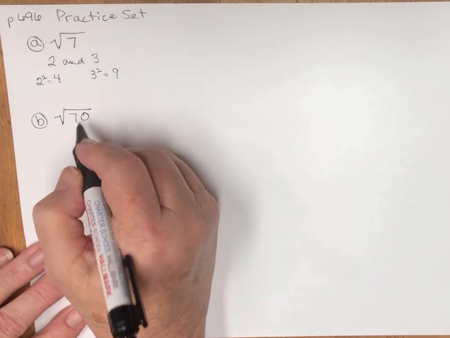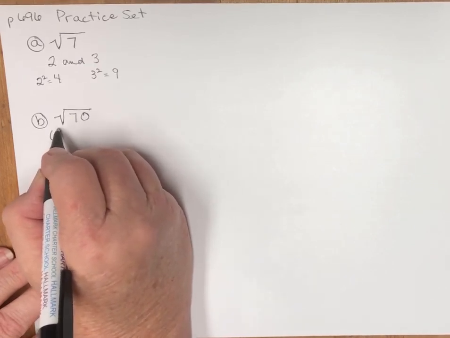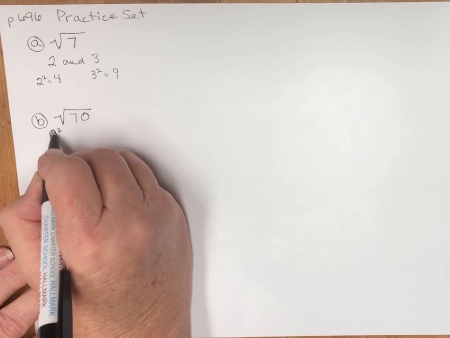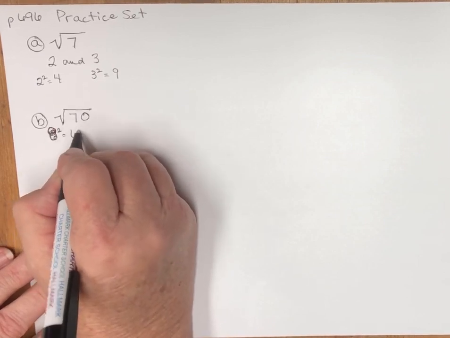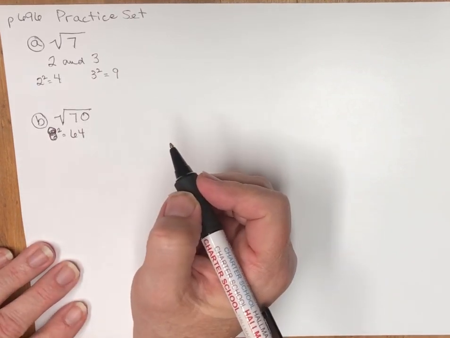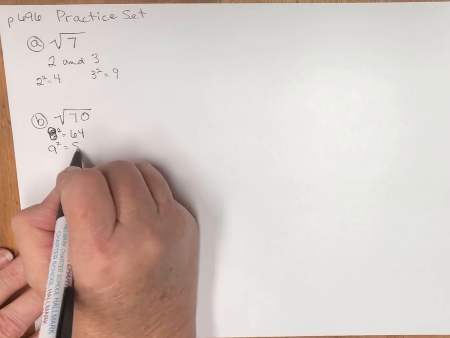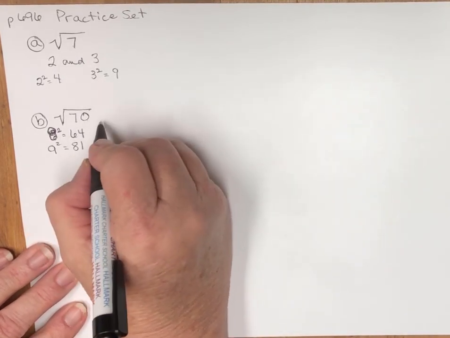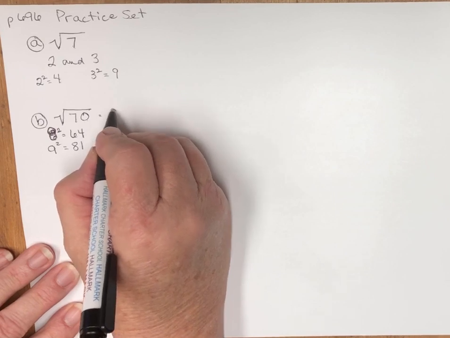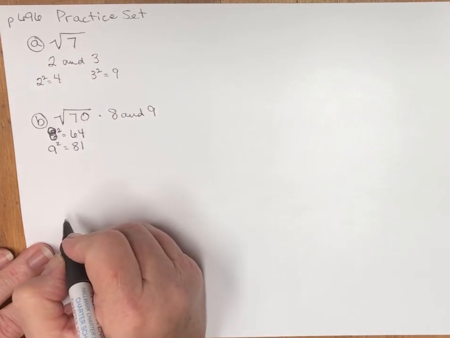Now we're getting closer. 8 squared is 64. That's probably the bottom limit. So 9 squared is 81. So this number, the square root of 70, is going to be between the numbers of 8 and 9, somewhere in between those two.